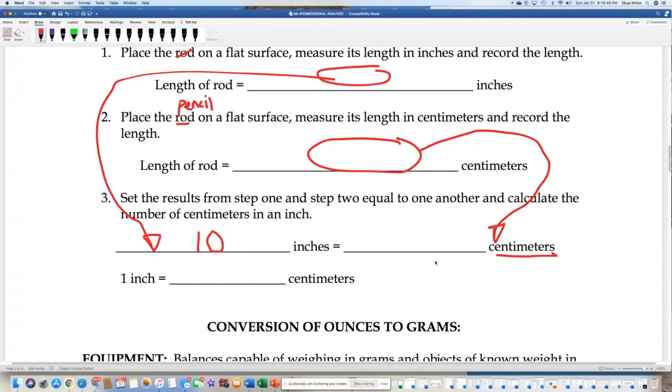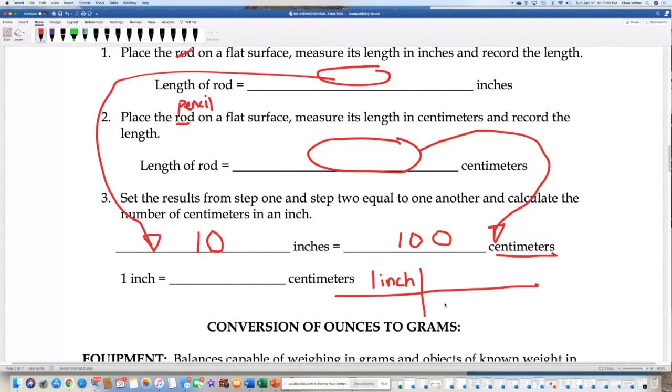Say you got 10 inches equal 100 centimeters. They say, now that you have this, calculate the number of centimeters in 1 inch. Since you have this here, you will then use this to figure out the centimeters in 1 inch. So this is 1 inch. So you write 1 inch, and then you use these like they were an equality.